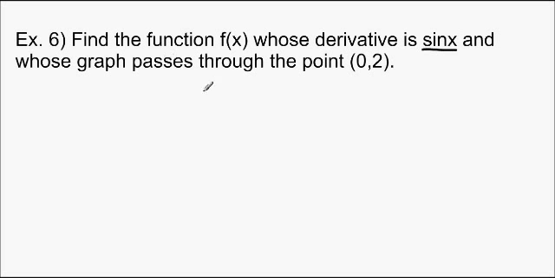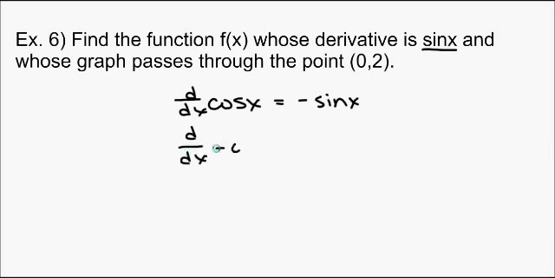Well, I know that the derivative of cosine x is negative sine x. So therefore, the derivative of negative cosine x is positive sine x.